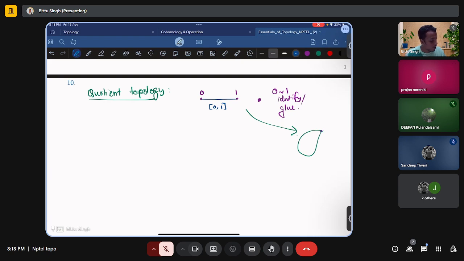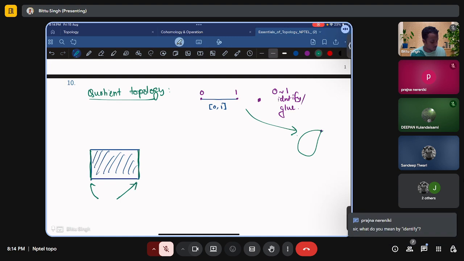Let me give another example. Consider this square, a rectangular paper. And now I ask you to glue those two edges, point by point.